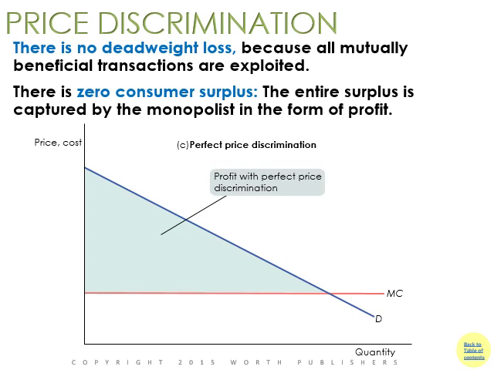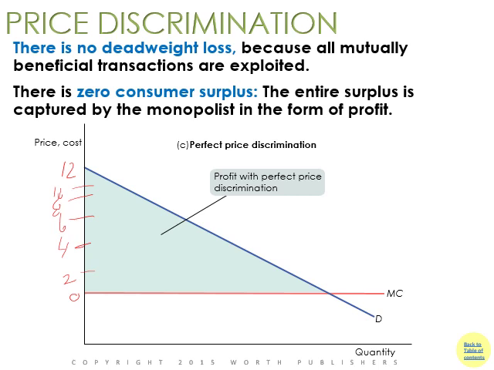In order to extract all the consumer surplus from a representative consumer, you can think of an example of theme parks, where they can charge a price per ride: $2, $4, $6, $8, $10, $12 a ride, and this is the demand curve for our representative consumer.